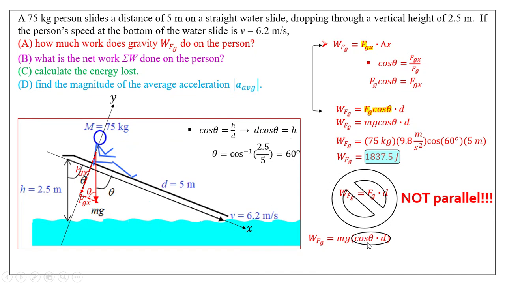What I just circled is cosine theta times d, which is the same as d times cosine theta, because when you're multiplying, the order doesn't matter. So we can substitute h, and here we have mgh. If you plug in mass being 75, g being 9.8, and the initial height being 2.5, you get the same answer as the previous strategy, which is 1,837.5 joules.